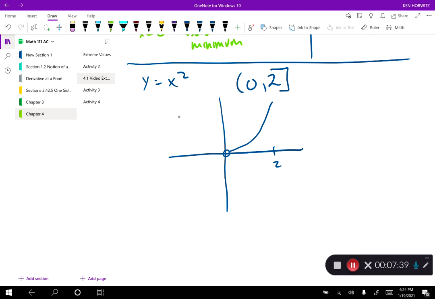Oh, actually, this is gone, and this stops here. Now, this does not go up to infinity. So where is my absolute maximum? This is my absolute max, and it's at x equals 2, and the value is 4, because if I took 2 and plugged it into x squared, I would get out a 4. All right?